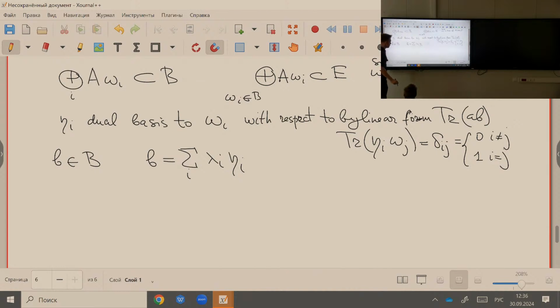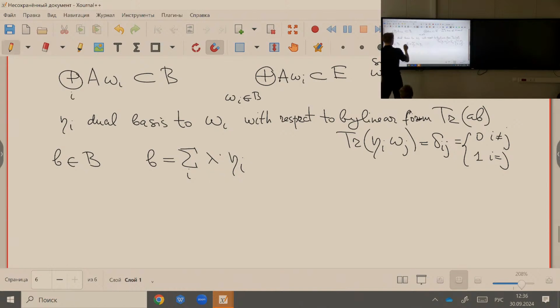Yeah? So if you want to find coefficients lambda_i, what should you do? You should pair the element with the dual basis. But here the pairing is the following.